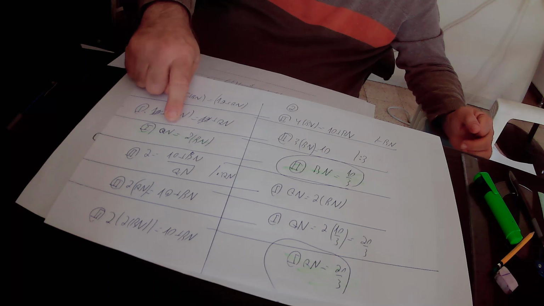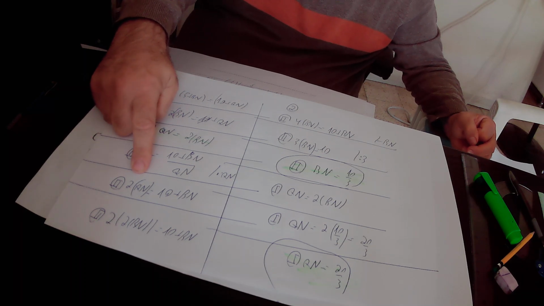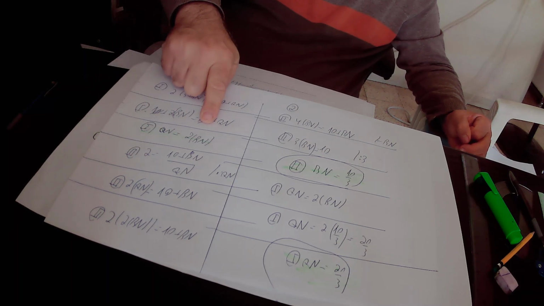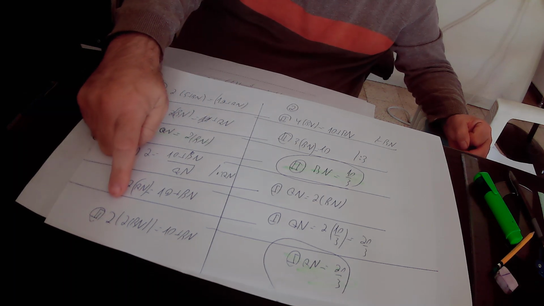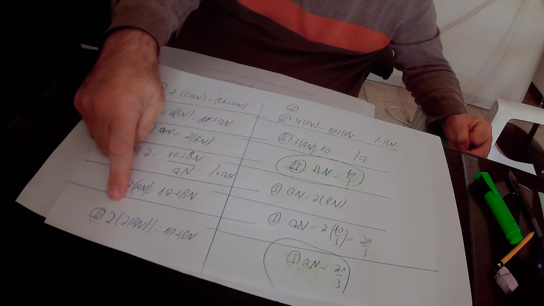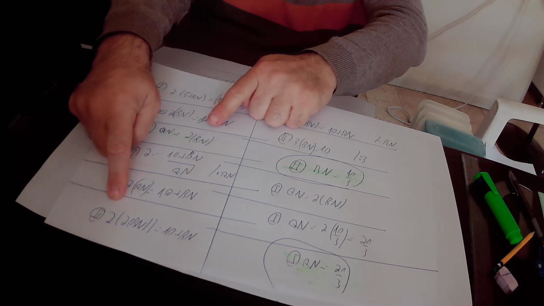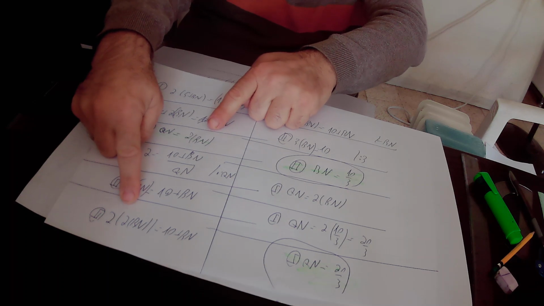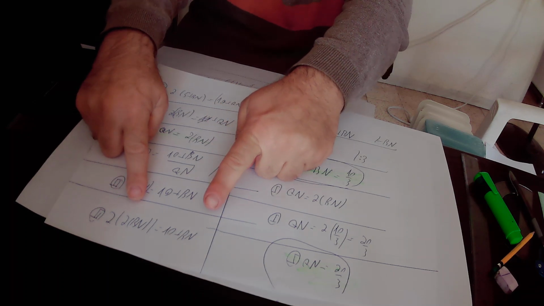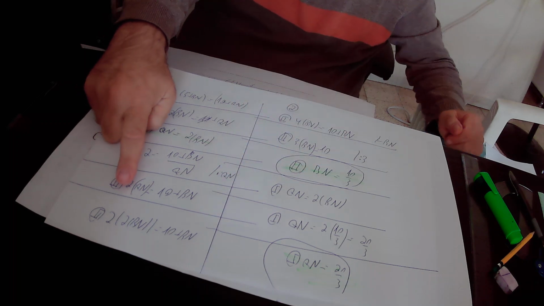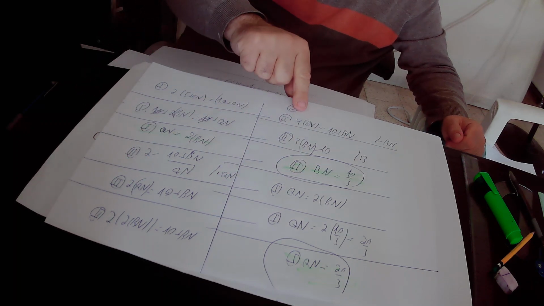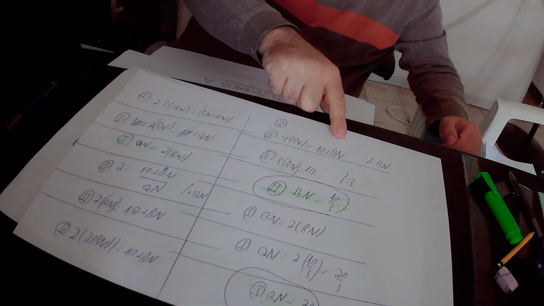So we can substitute Qn in equation number 2 by 2 times Bn. We did it, and we found out that according to equation number 2, 2 times Qn, and Qn is 2 times Bn, equals 10 plus Bn. 2 times 2Bn is 4Bn, so 4Bn equals 10 plus Bn.